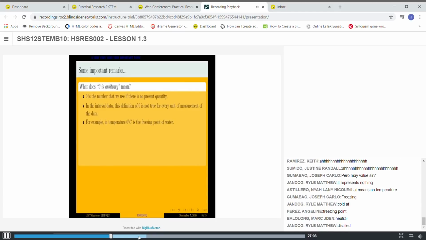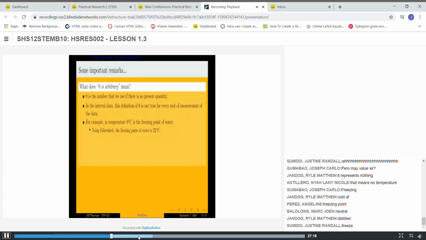But if you change the unit of measurement of temperature into Fahrenheit, yung zero, mag-iiba ng value. Using Fahrenheit, the freezing point of water is 32 degree Fahrenheit. Eh ano ibig sabihin ng 0 degree Fahrenheit? Yung 0 degree Fahrenheit is the freezing point of salty water. Okay?